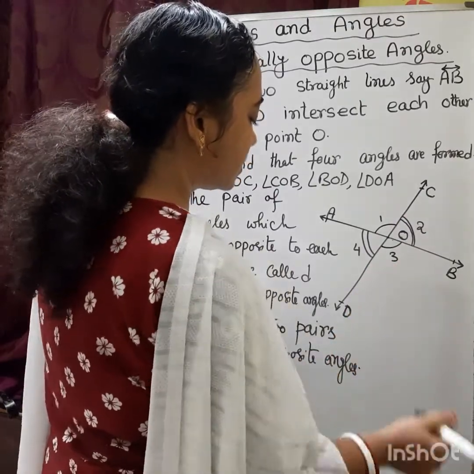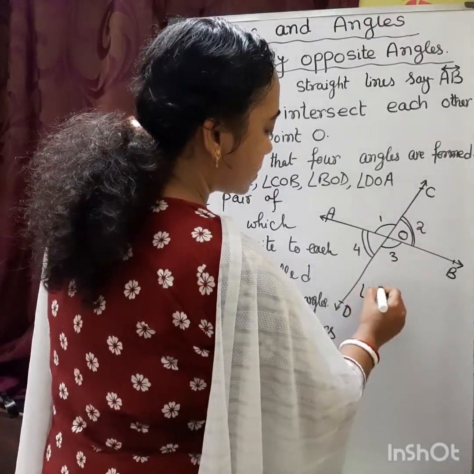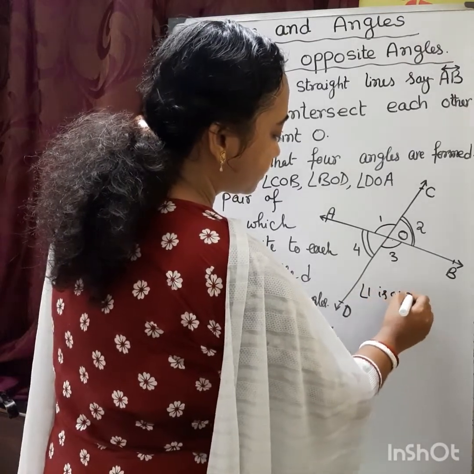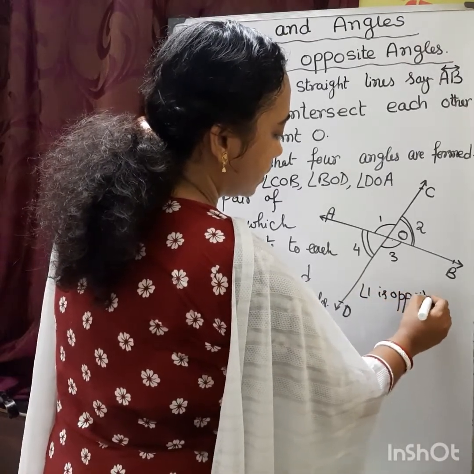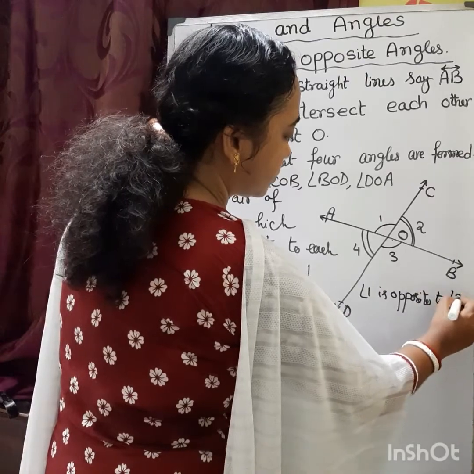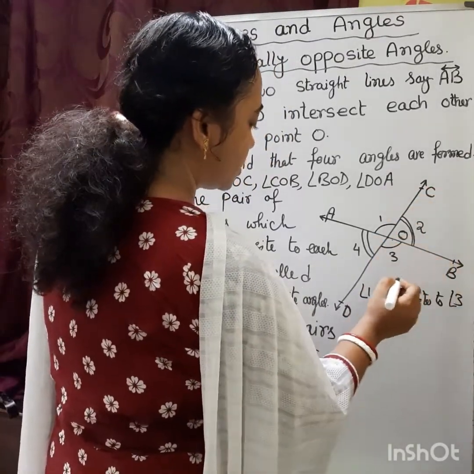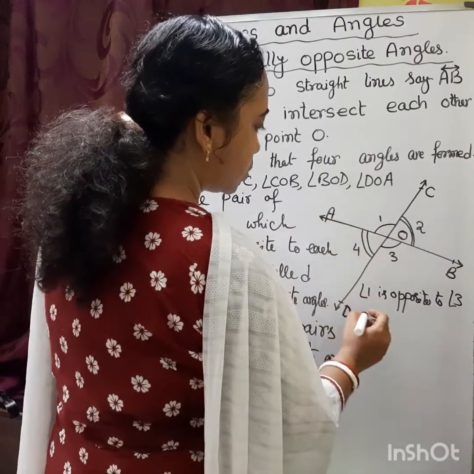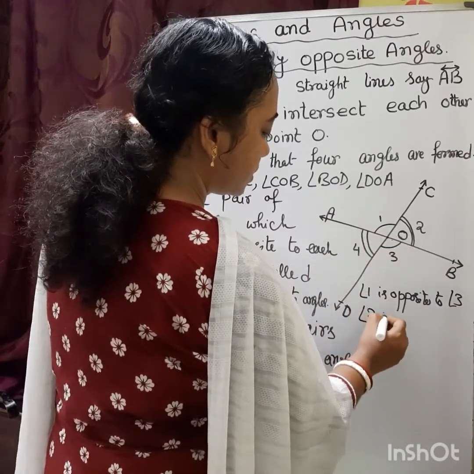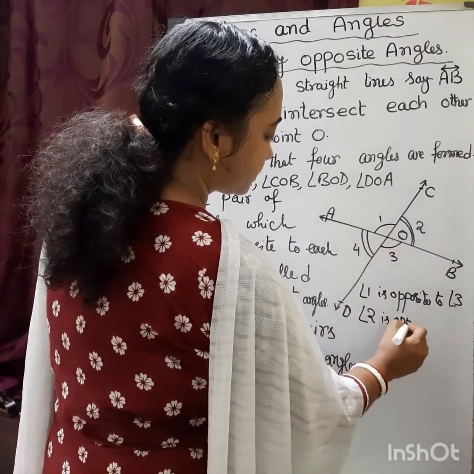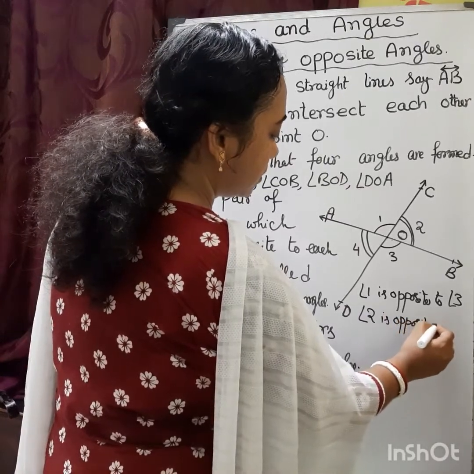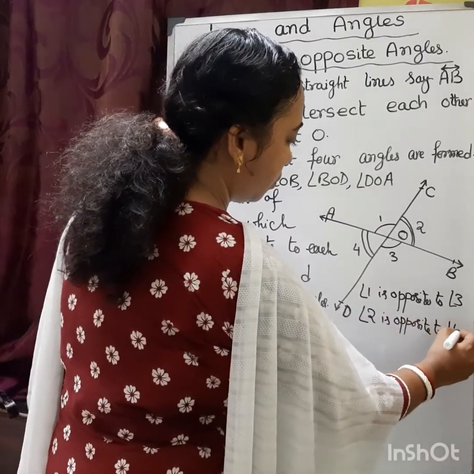So we can write angle 1 is opposite to which angle? Angle 3. Similarly, angle COB is opposite to angle AOD. So we can write angle 2 is opposite to which angle? Opposite to angle 4.